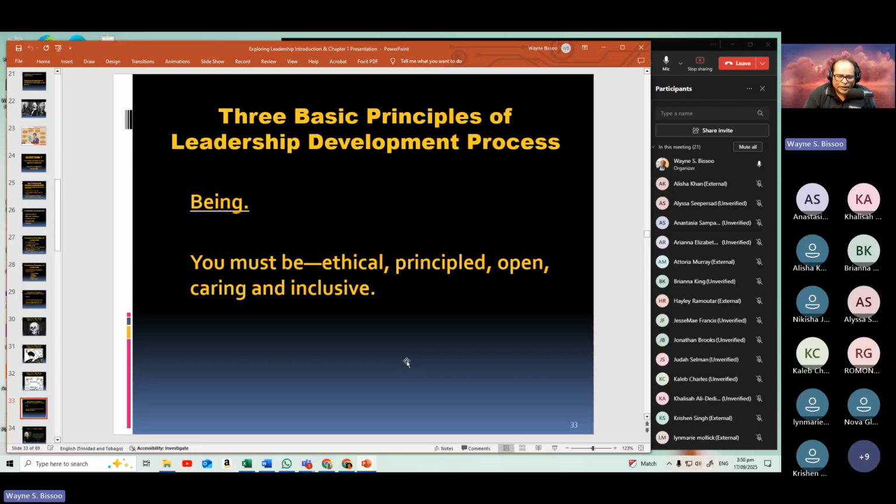That is, we must be ethical, principled, open, caring, and inclusive. That's a really critical thing because in order for us to effectively work with people, we have to be open to working with them. The problem with this element is that if we are working with people who are similar to us, in terms of age, qualifications, influence and past life, that's all well and good.